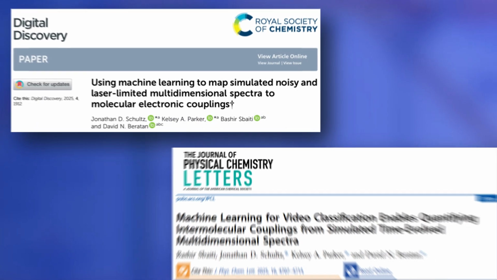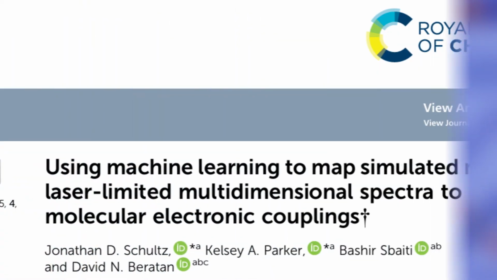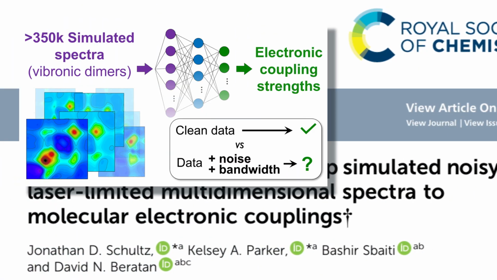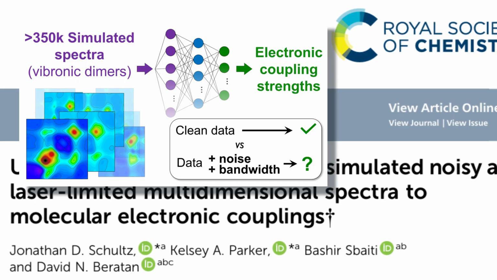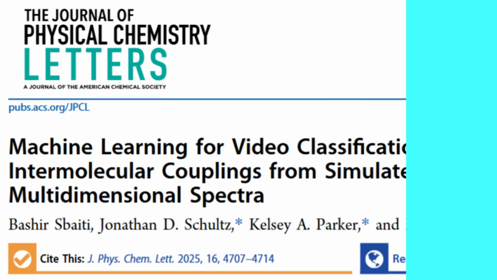To make a long story short, our research demonstrated that the answer to this question is yes. Machine learning approaches can accurately diagnose the molecular interactions that underlie these vastly complicated spectroscopic signals. We showed that using machine learning in this way is surprisingly robust to difficult features to handle in experiments, such as noise.